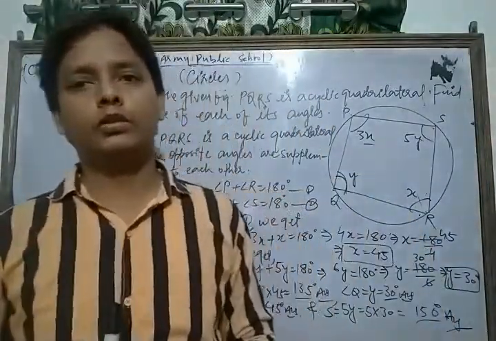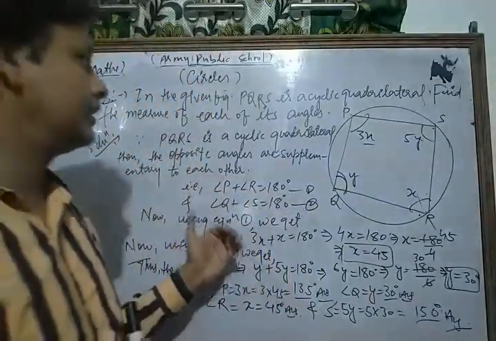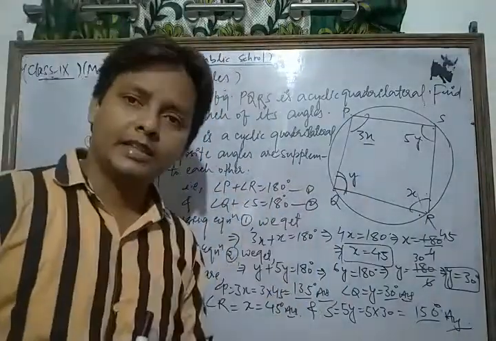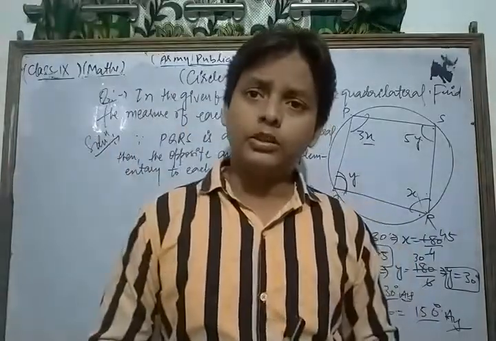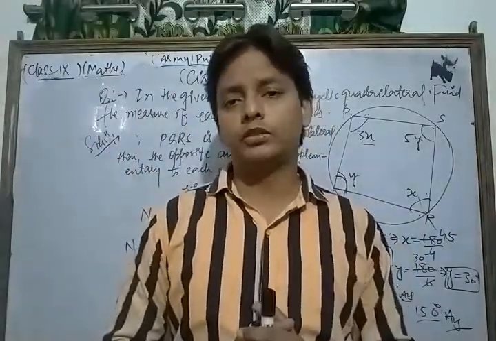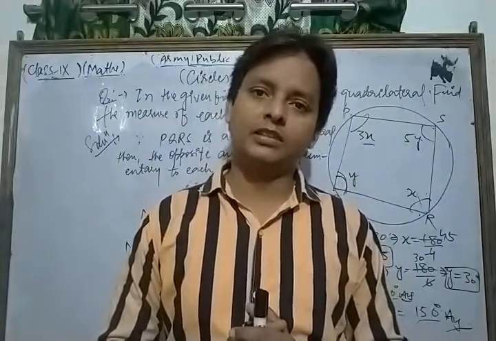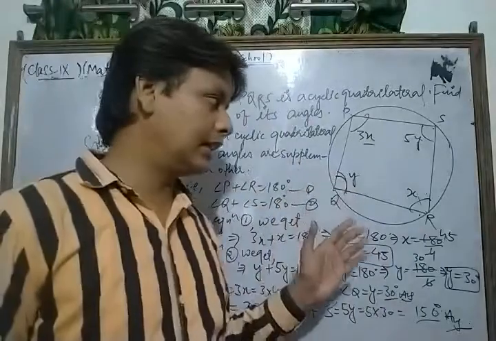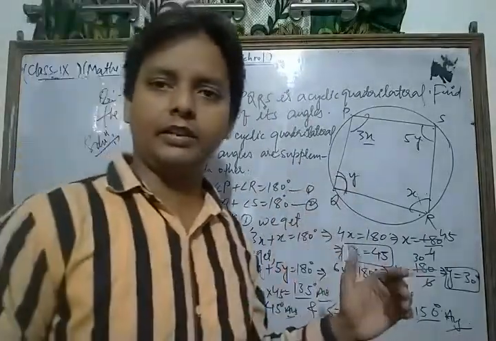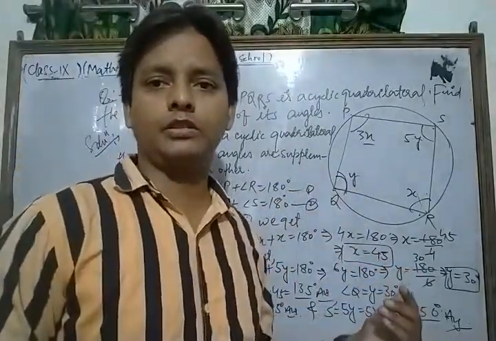After that you can solve each and every question of your NCERT exercise based on cyclic quadrilateral. And in the next class we will also take some other very important theorems related to that topic. So revise all the theorems and practice the questions which we discussed in that class.